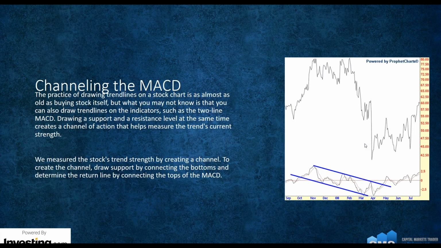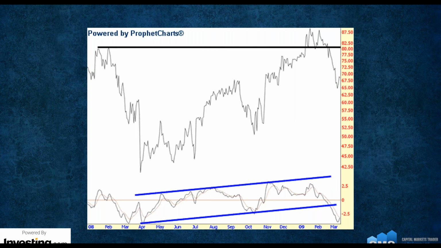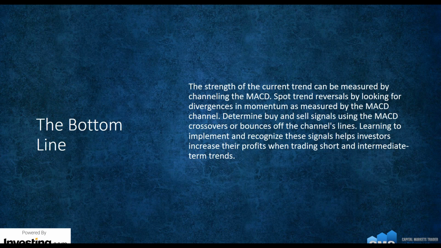And there are many other ways that you can apply MACD. There's all types of things available in the marketplace, all kinds of weird things. There's channeling, lots of things that I don't use and I'm not even familiar with, because there's some guru who came up with different ways to use these. But the bottom line: the strength of the current trend can be measured by channeling the MACD.